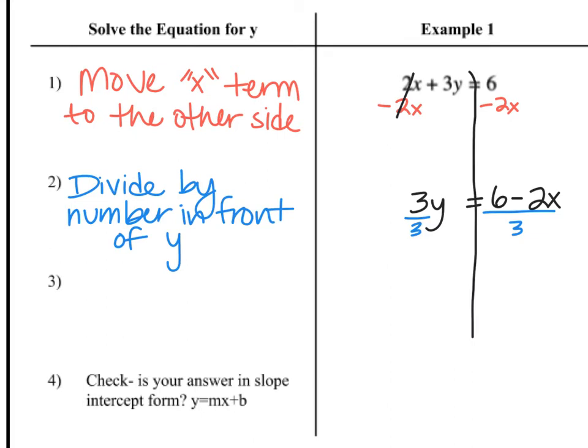This cancels out, and so I'm left with y equals, we have 6 divided by 3 and minus 2/3 x, because we're dividing both by 3. The last thing I need you to do is please simplify the fractions.